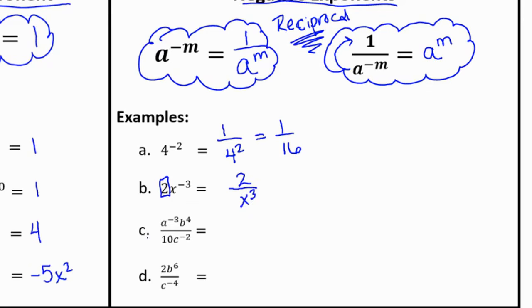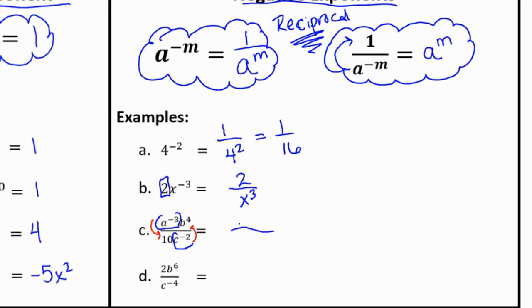For example C, here I have a negative exponent on my A. I also have a negative exponent on the C in the denominator. So these expressions are going to move. The A will come down and the C will come up. Everything else will stay put. There is nothing making the other expressions change.